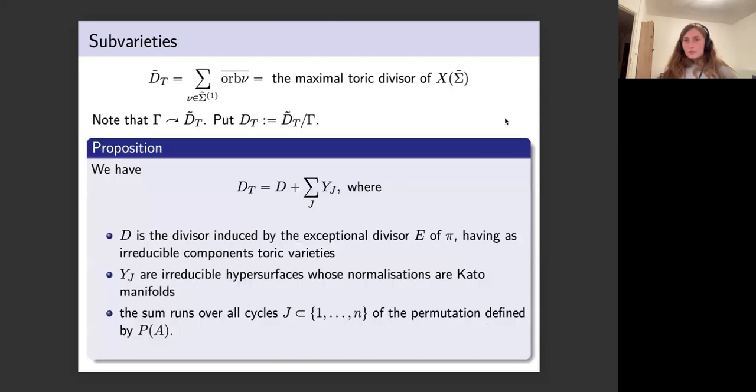Then you can also understand what can appear geometrically as components of this toric divisor. In the toric divisor, we have two possibilities. In dimension 2, we saw only rational curves or elliptic curves.